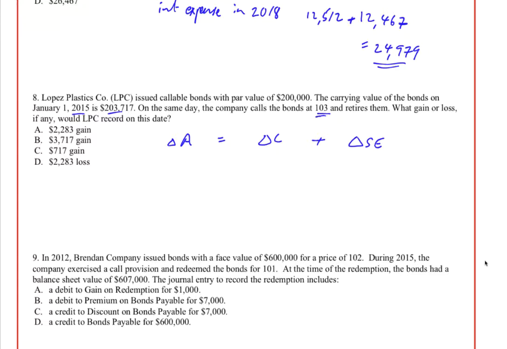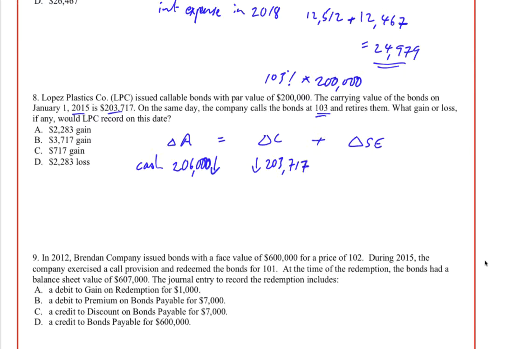So call the bond at 103 means 103% of the 200,000, 103% of the face value. And so these bonds are redeemed, or called in, and cash goes down by 206,000. Liabilities goes down by whatever the book value of the bonds was on that date. And so liabilities goes down by 203,717.